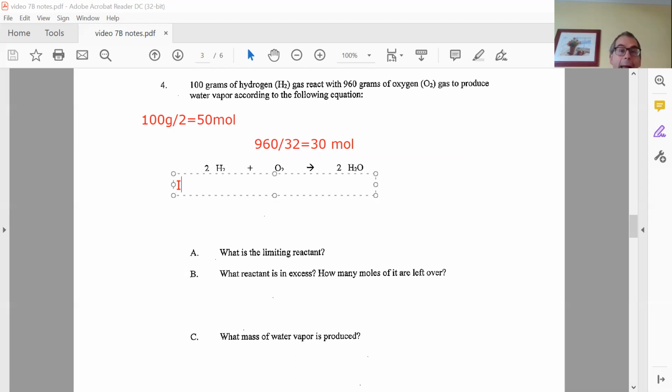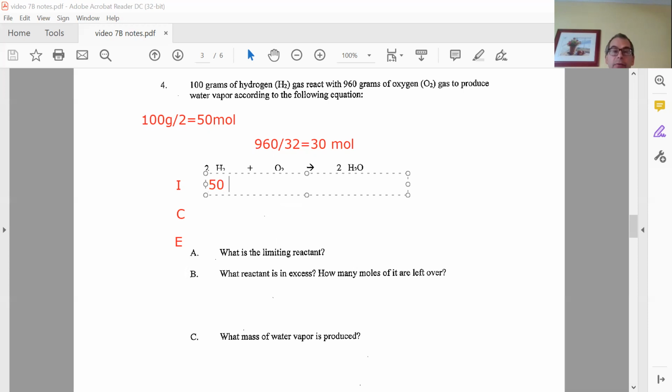I'll put an I right here for initial, a C for change, and an E for end. That spells ICE, the initial, change, and end. And I can start writing in some of these numbers because we said this is 50 moles.